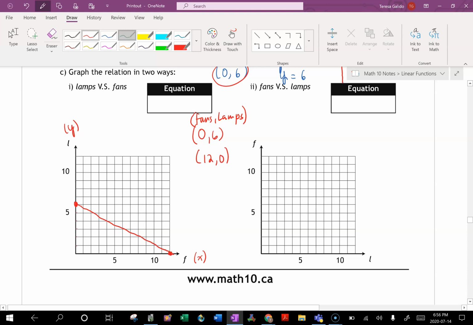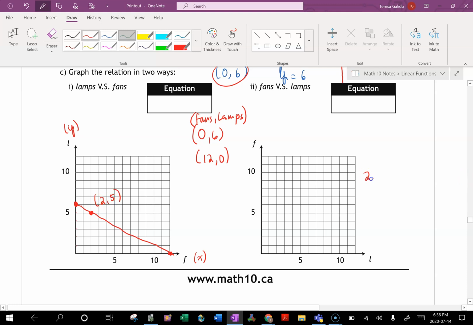It looks like your line here. I want to use a straight edge here so that we can identify some points. Does this point exist? This point is 2, comma 5.